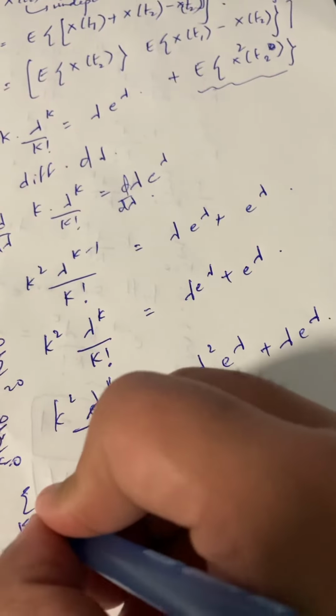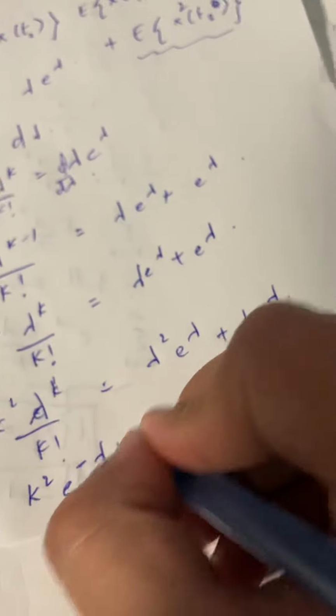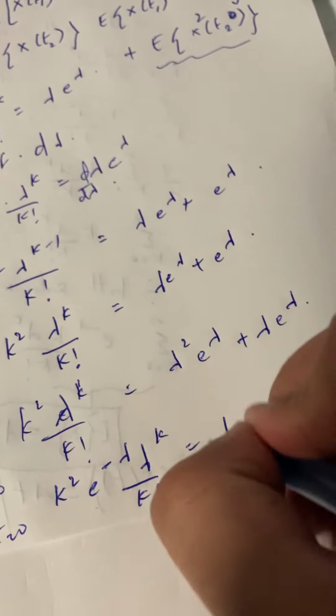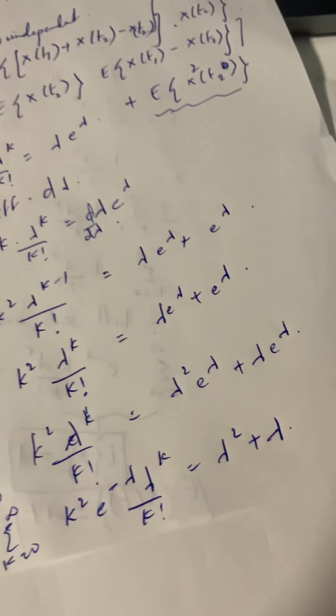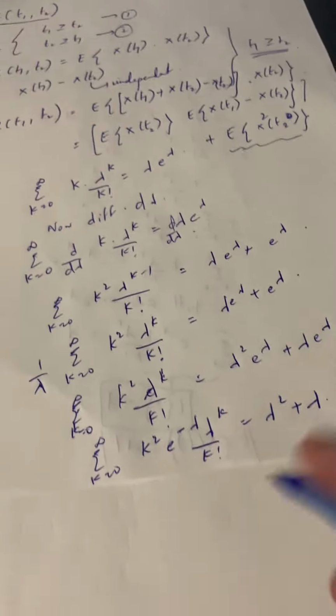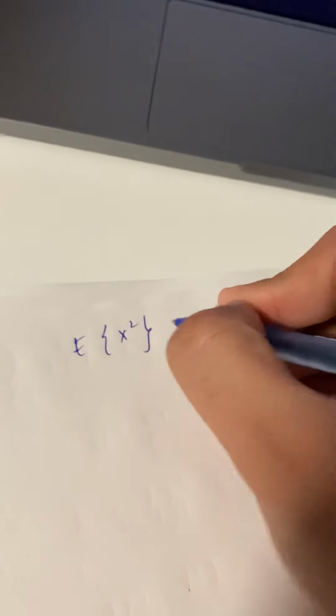Now take e power lambda to this side. This becomes sigma k equal to 0 to infinity k square e to the power of minus lambda, lambda power k by k factorial equal to lambda square plus lambda. So this equation, the final equation here, is E of X square.